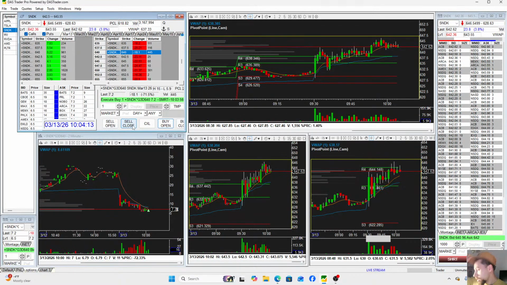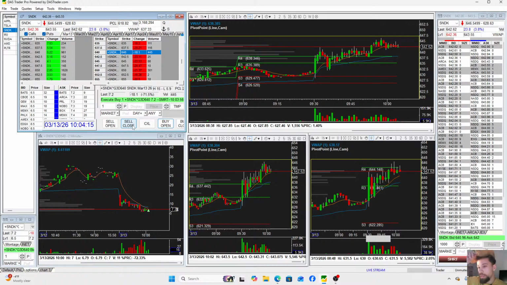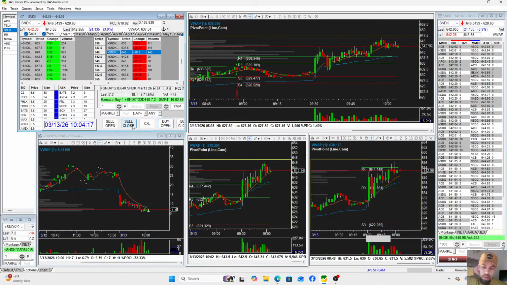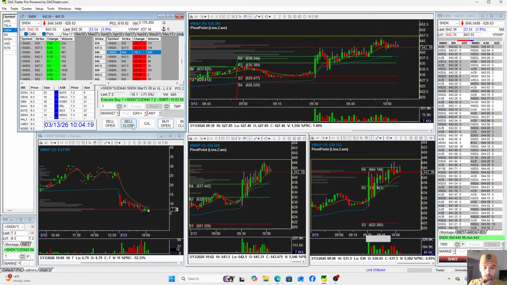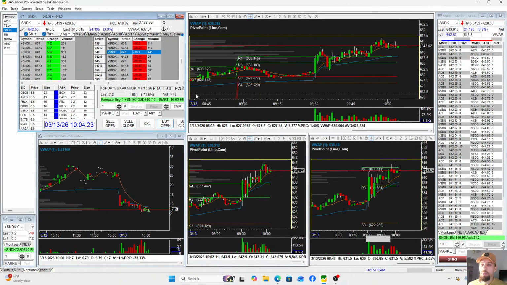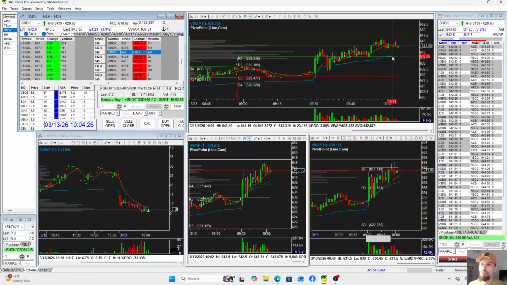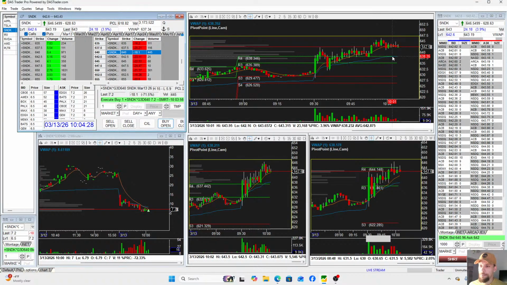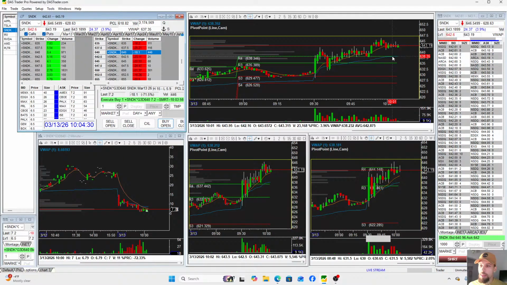So I reduced my share size significantly from earlier. I had 5 contracts on the previous trade. Just one contract here. I want to see if maybe we can at least pull back to VWAP. That'd be ideal.